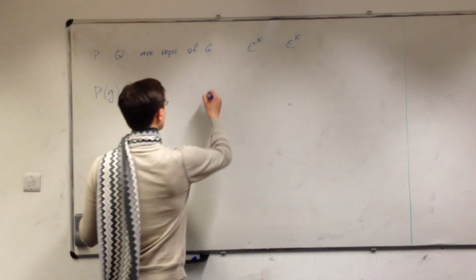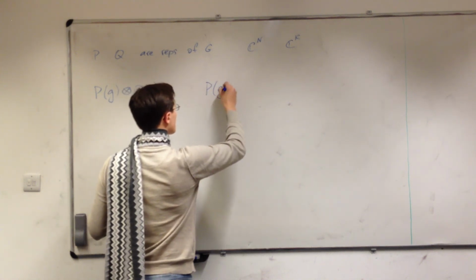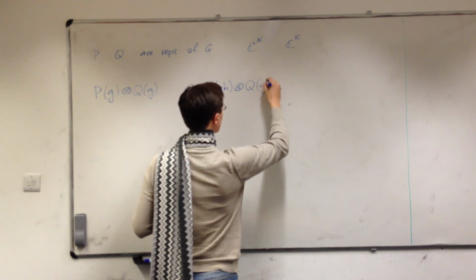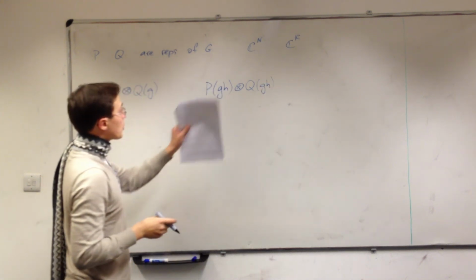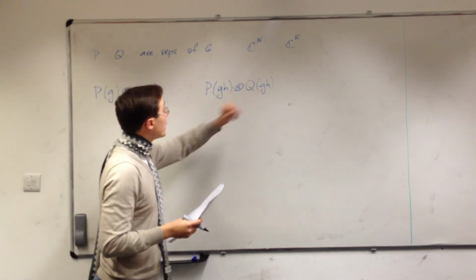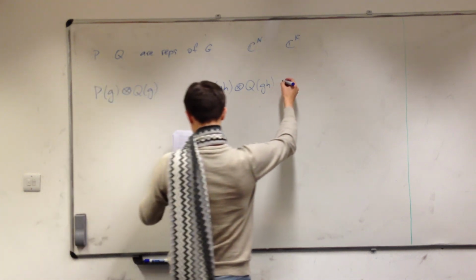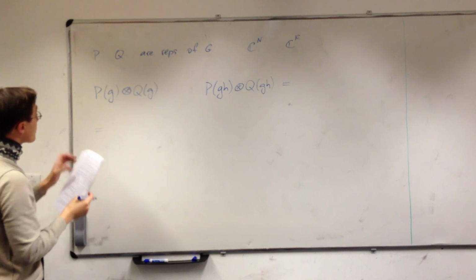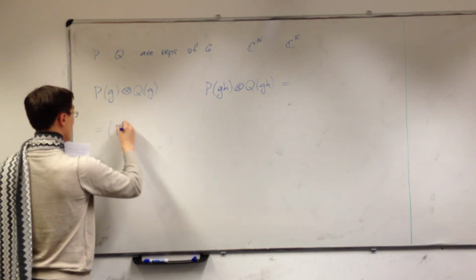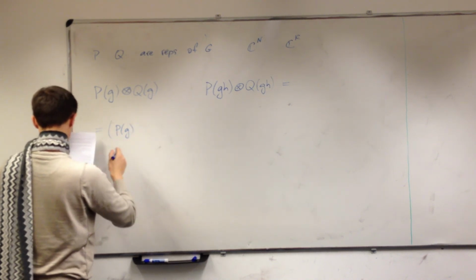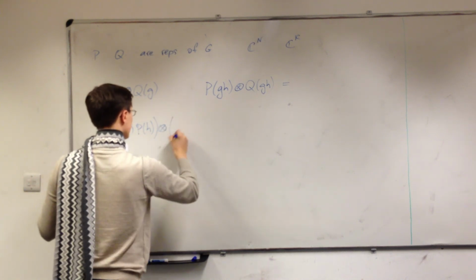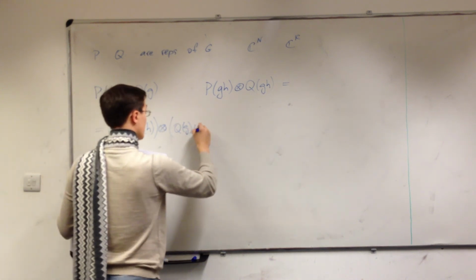So if we take such a representation of GH, so it will be P(GH) cross Q(GH), so a direct product representation of GH. This will have to be equal, because individually these are representations, to P(G) P(H) cross Q(G) Q(H).